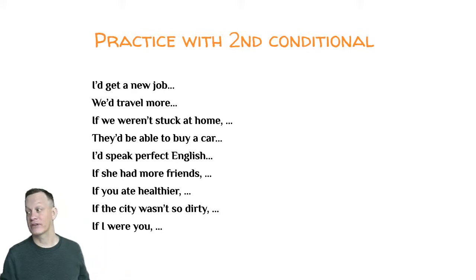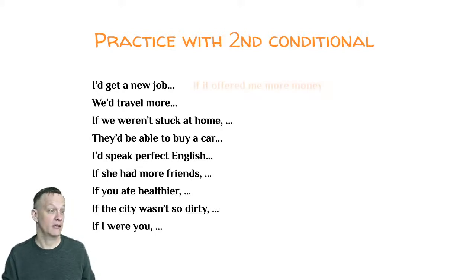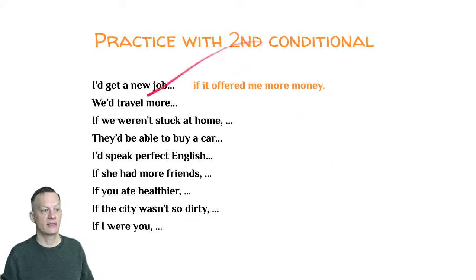Everybody can have a different answer. So attack. Write down the beginning of the sentence and the ending that you want to give it. Okay, the first one: I'd get a new job if it offered me more money. This is the second conditional.